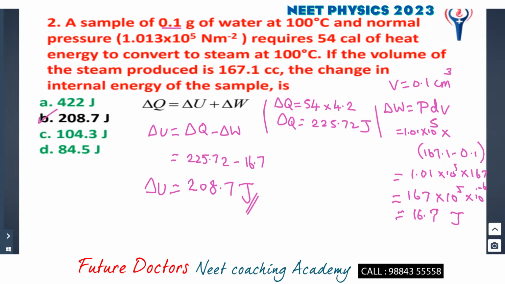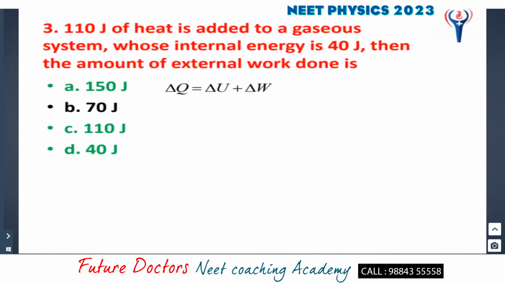Let's move to question number 3. 110 joule of heat is added to a gaseous system whose internal energy is 40 joule. Then the amount of external work done is dash. This is also the same. First law of thermodynamics, ΔQ, change in heat energy, is equal to ΔU, change in internal energy, plus work done. Here you want to find work done.